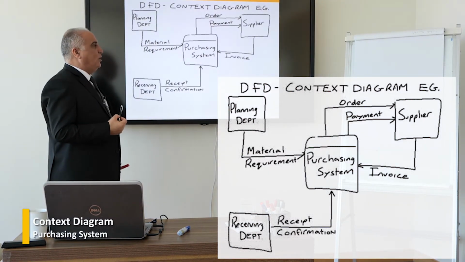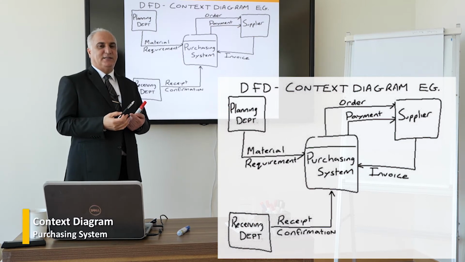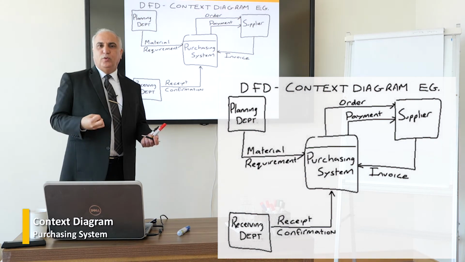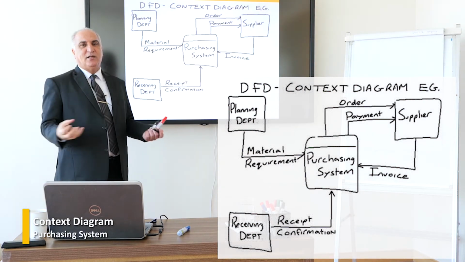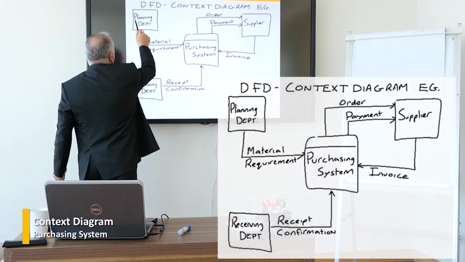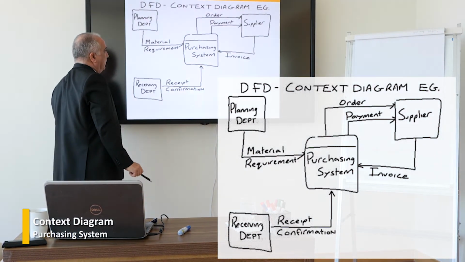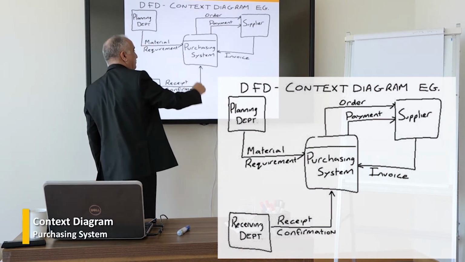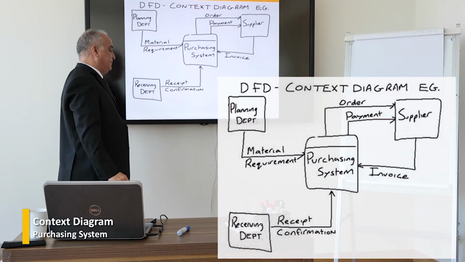Now we need to know what the external entities are, meaning which external entities this system is interacting with, who the stakeholders are. In this case, the planning department, whose role is requesting material to be purchased.